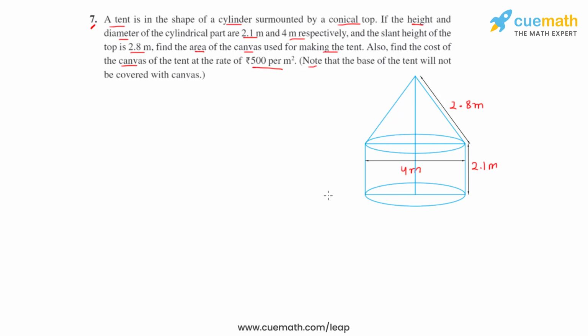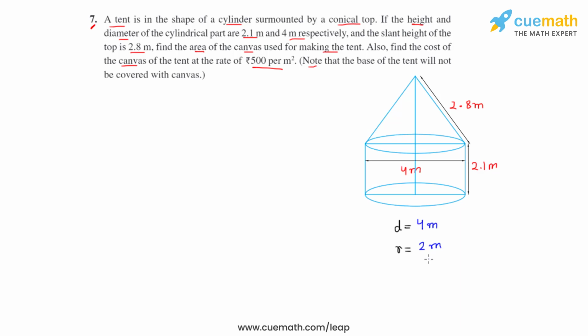Now, from the given figure, it's clear that the diameter of the cylindrical part is equal to the diameter of the conical part, as the cylindrical part is surmounted by the conical part. So the diameter, which is the same for both the cylinder and the conical top, equals 4 meters. Therefore, the radius, which is half the diameter, will be equal to 2 meters. The radius for both the cylindrical part and the conical part will remain the same.